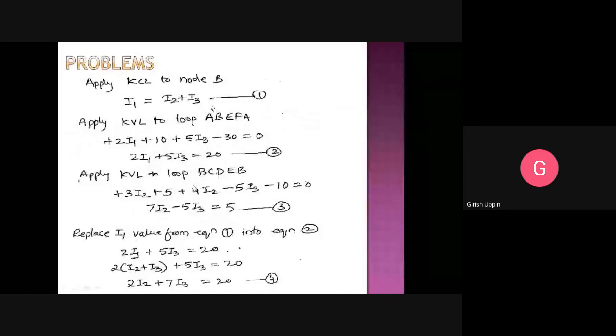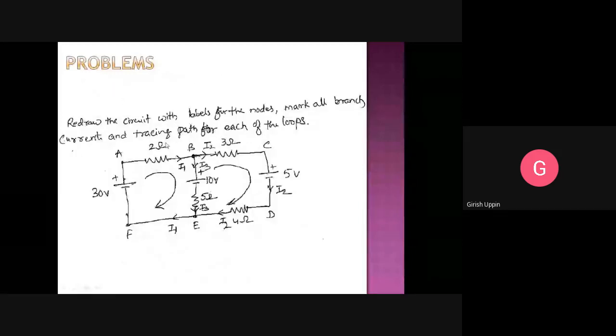Next, you come across a resistor here. This is the direction of tracing and this is the direction of the current. So the voltage drop is positive, and the current flowing in this branch is I3. The voltage drop is plus 5 into I3. You can see plus 5I3.